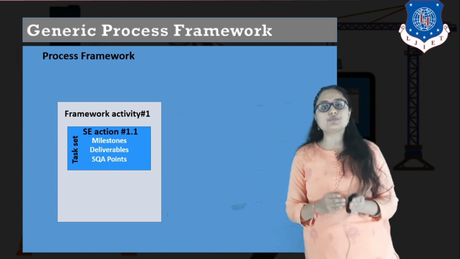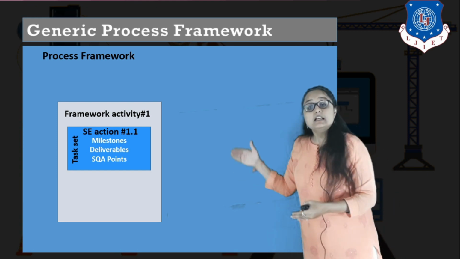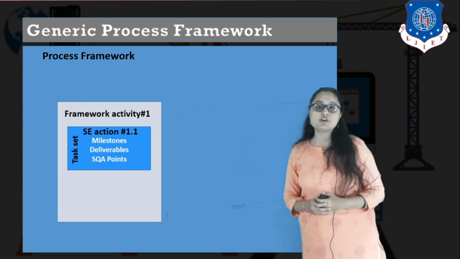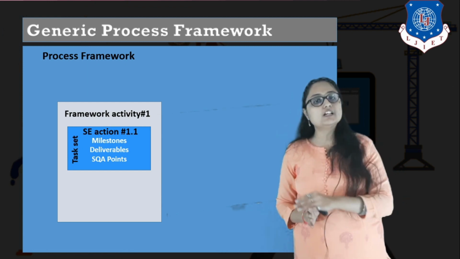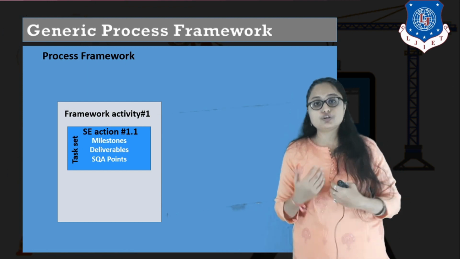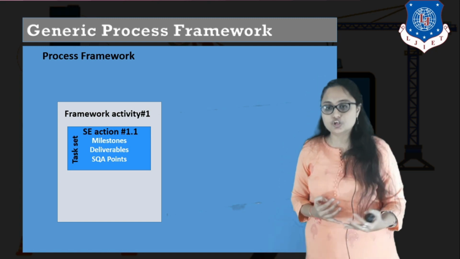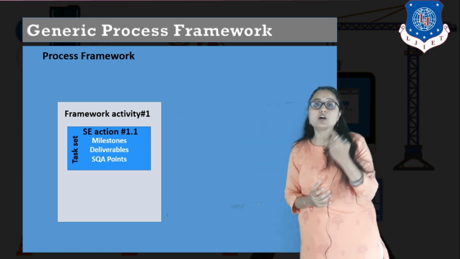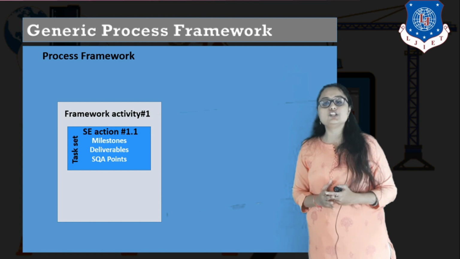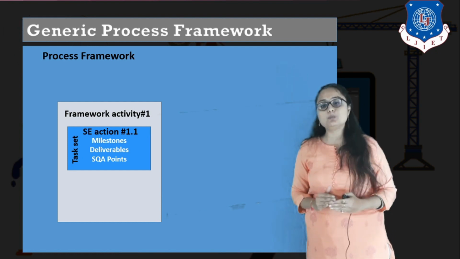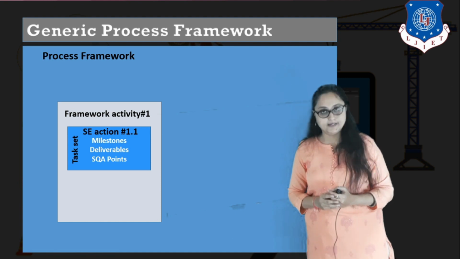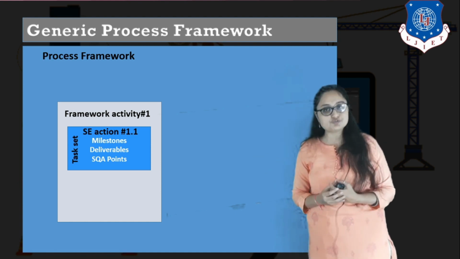SQA stands for software quality assurance. Whenever you are following a software process framework, you must apply quality assurance activity, or quality assurance methodology, in every task set that you are performing, so that it ensures that whatever process, whatever product you are going to make, is a quality product, right? Which is the main goal of software engineering.